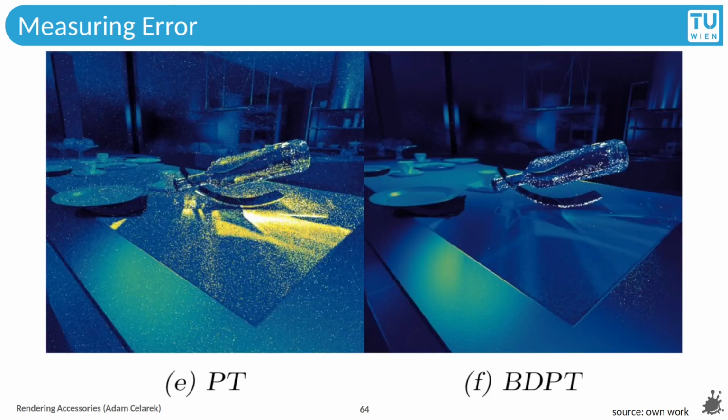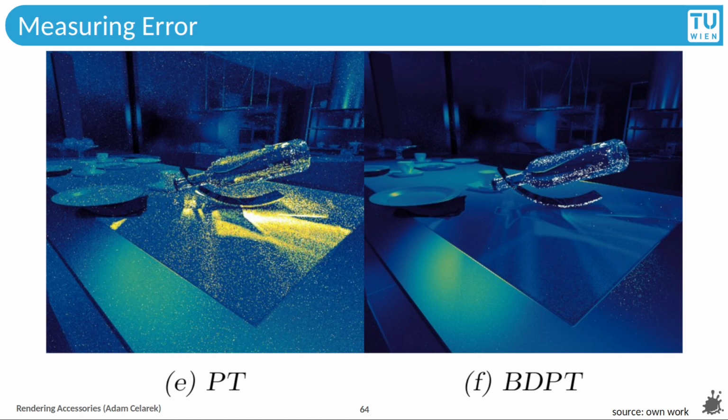And finally, we can compare different algorithms. On the left-hand side, we have path tracing. It contains a lot of error in the caustic, which is fixed by bidirectional path tracing. However, on bidirectional path tracing, it looks like there are more errors in the refractions inside the bottle.